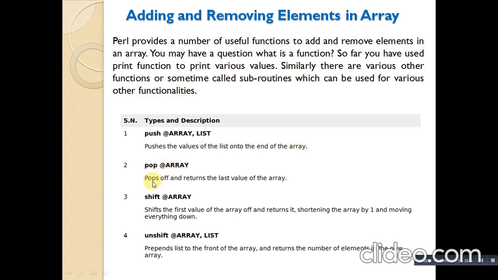Pop, @array. The pop operation returns the last value of the array, or deletes the last value. We just added Sharnu, which was our fifth element. So if I perform the pop operation, Sharnu will be deleted.